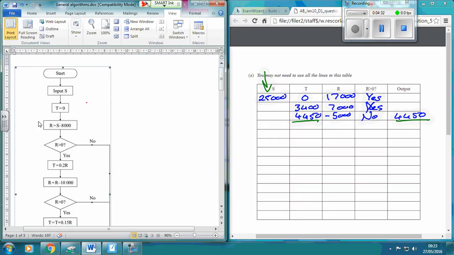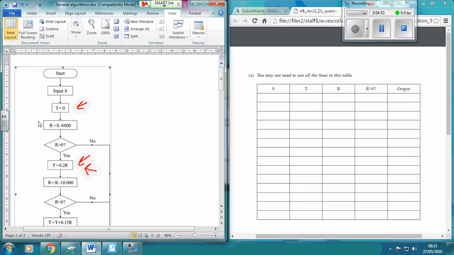Here we've got T equals 0, so we haven't accrued any tax so far. This is the first point where we get tax. We've got our input S, which is our salary, and R equals our salary take away 8,000. What we want is to avoid this one here.